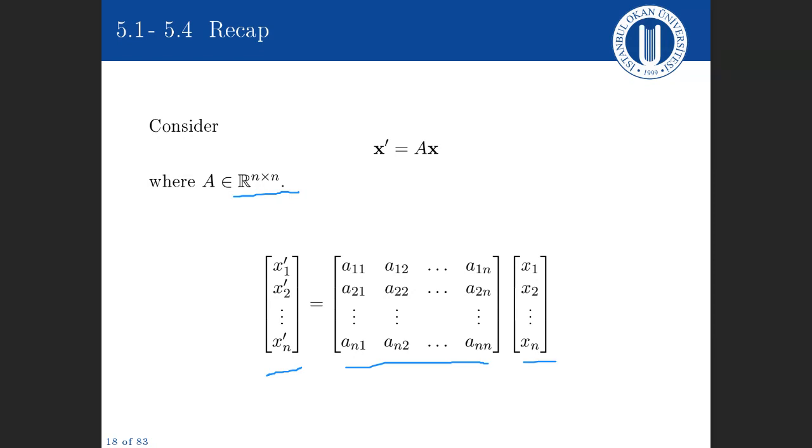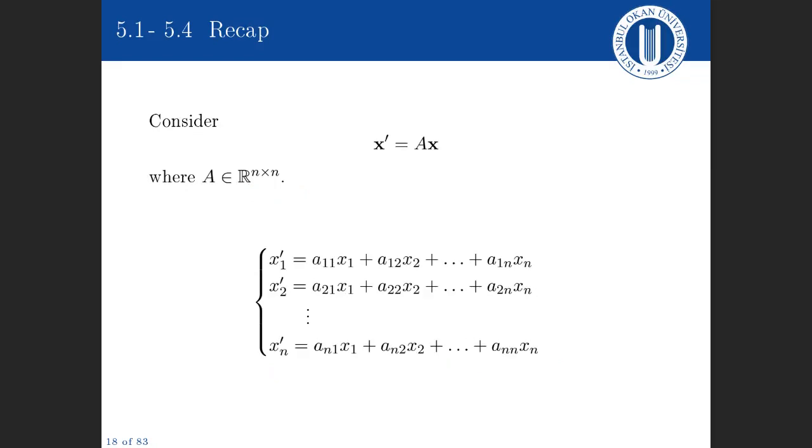Let me remind you, what that really means is this linear system: x1 prime is a11 x1 plus a12 x2 plus ... plus a1n xn, etc. Really, we have n first order homogeneous linear differential equations with n different variables.